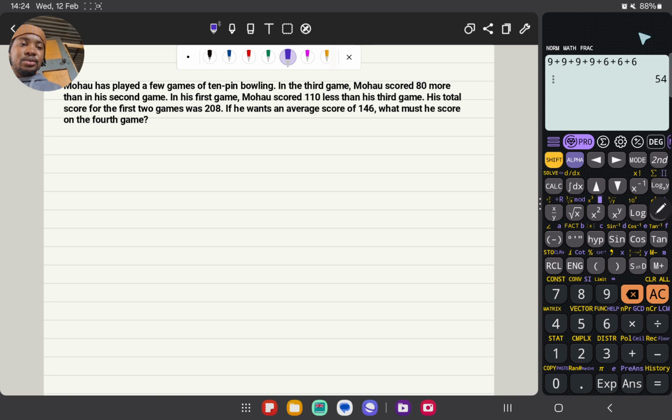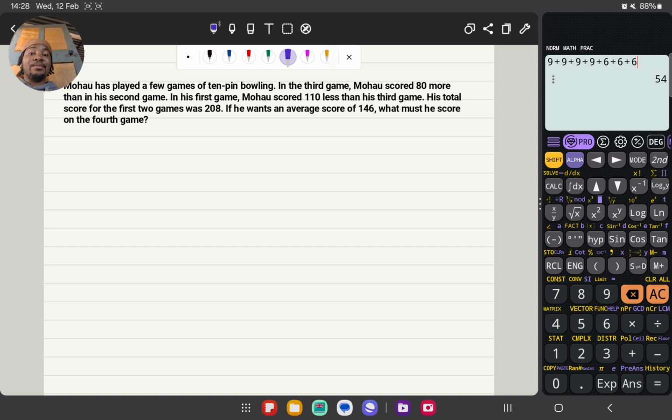Cool. Let's get into it. Mohau plays a few games of 10 pin bowling. I don't know what that game is. Sorry. Mohau played those games. In the third game, Mohau scored 80 more than in his second game.